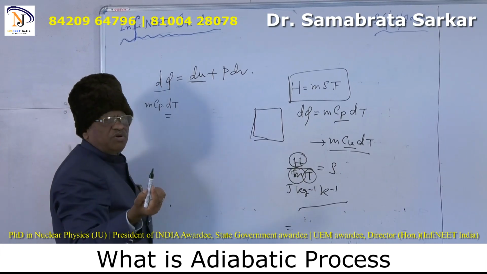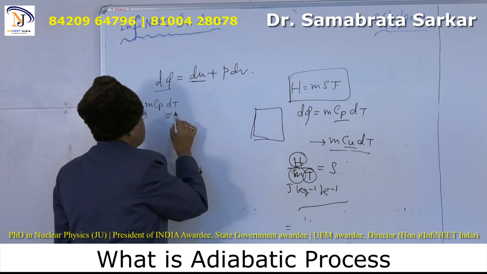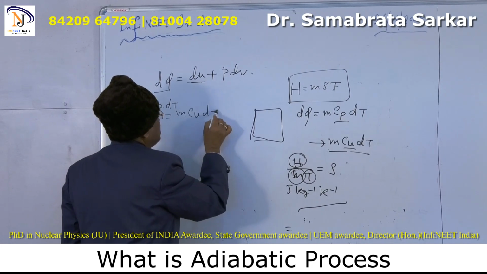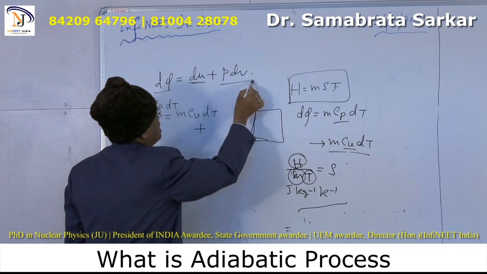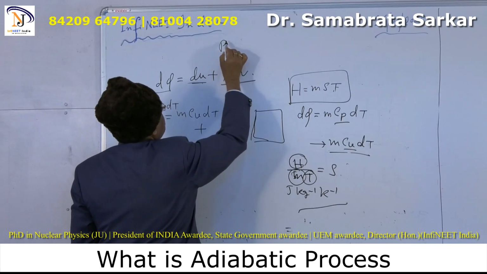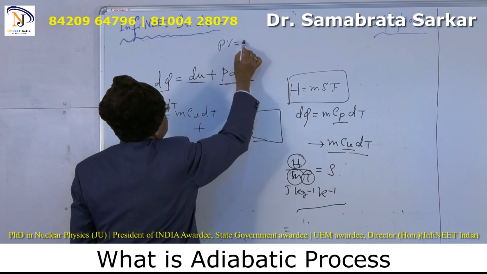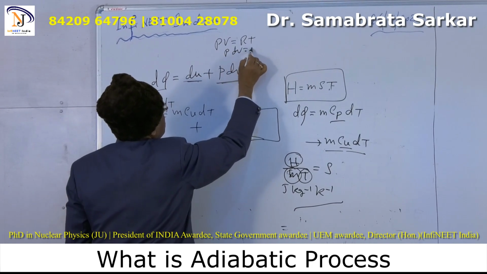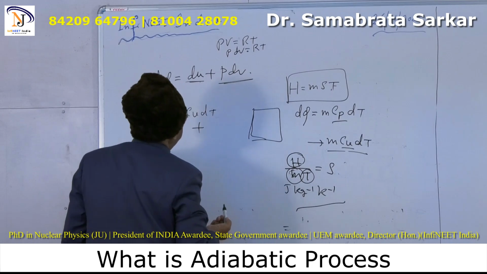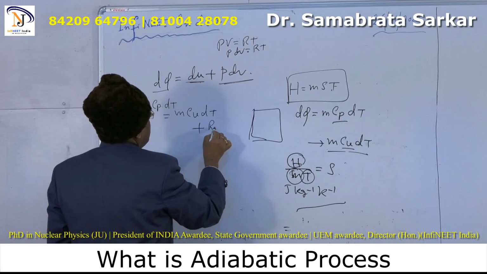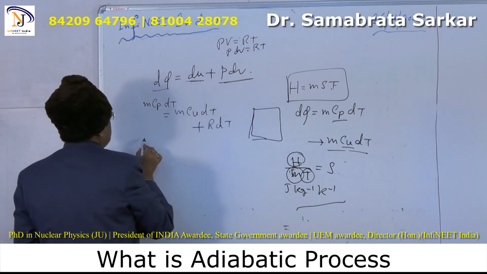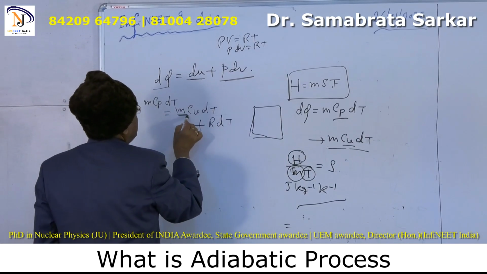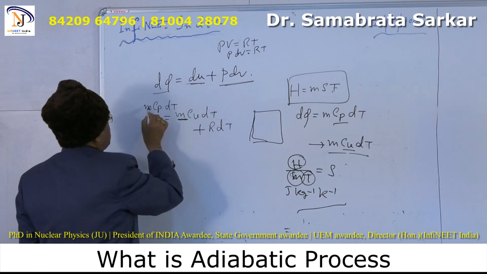Energy is also equal to m Cv into dT plus this one. You know pV equals RT, then p dV equals R dT, you can write here. So it will be R into dT. Here it is m, here it is m, where m is the mass.